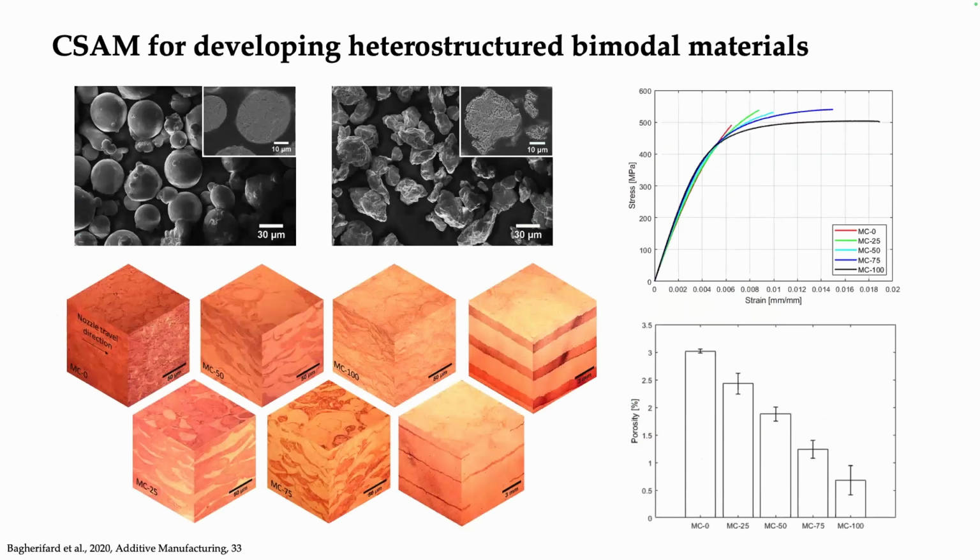With cold spray, because of its advantages, it's possible to have different chemical compositions, so a heterogeneous material in terms of chemical composition, but also heterogeneity in terms of grain size.